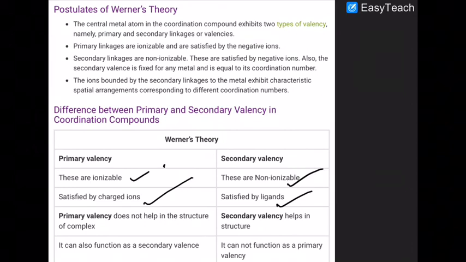Primary valencies do not determine the structure of the complex. Secondary valencies determine the structure of the complex. Primary valencies give you an idea about the oxidation number, while secondary valencies give you an idea about the coordination number of the complex. So these things must be kept in your mind always.